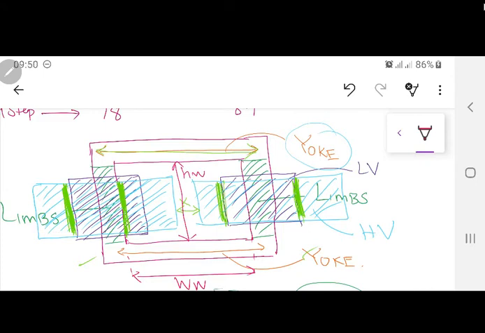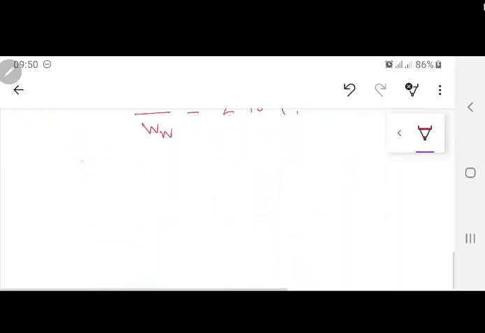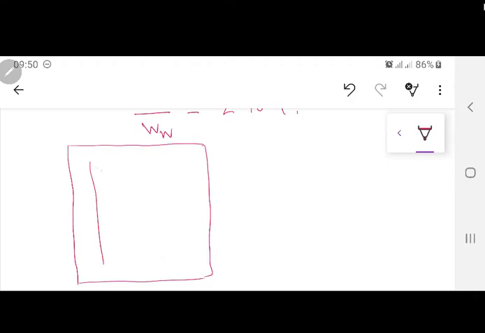If I make the height of the window very large, let me just make a transformer here again. If I have a transformer, I make it something like this. I'm again making a single phase, so don't confuse it. Here, the height of the window is this one, and the width of the window is this one.